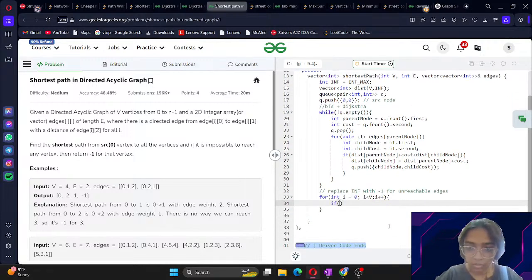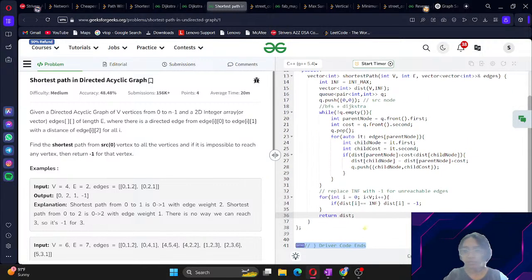If the distance of i is gonna be -1, we are gonna return.